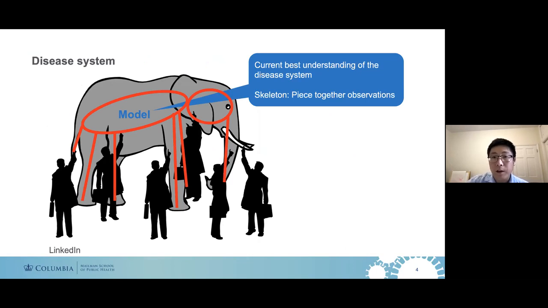More specifically, we use our current best understanding of the disease system to build the model and synthesize various observations into the model. So this model inference system can answer questions that are otherwise difficult to answer using single data stream. And today I'm going to talk about two case studies on SARS-CoV-2 in China and in the US.